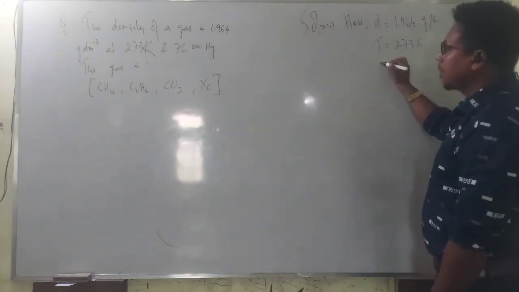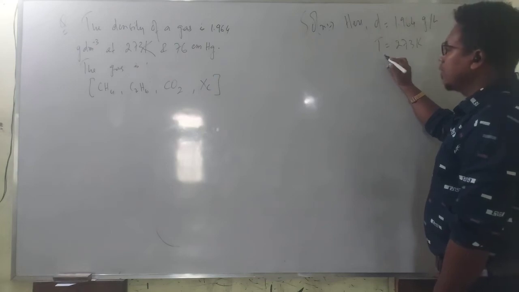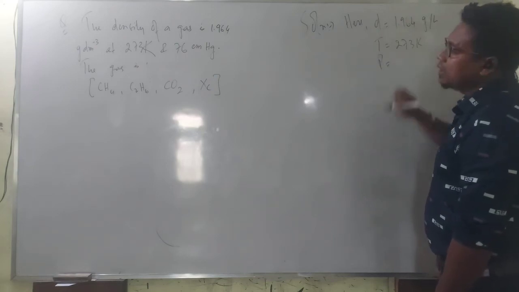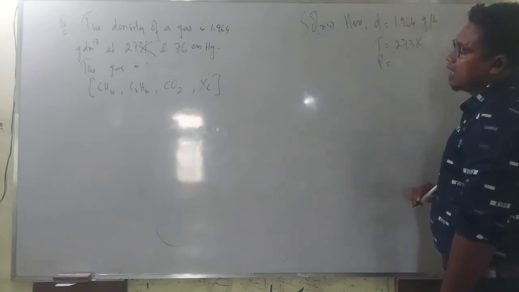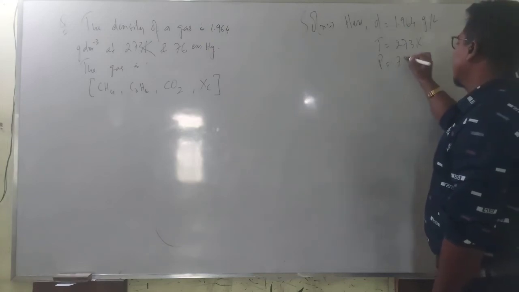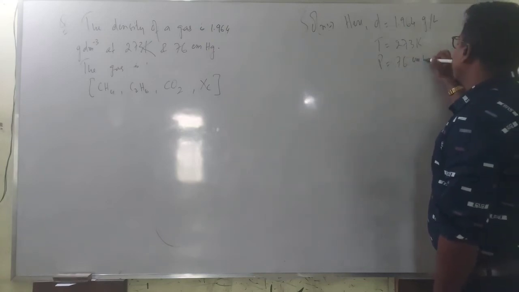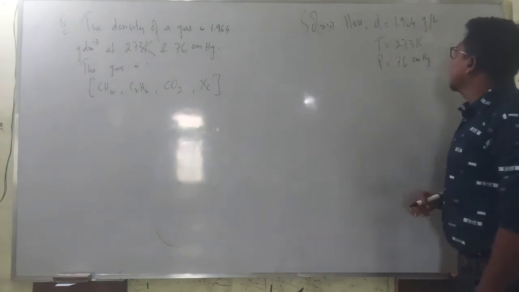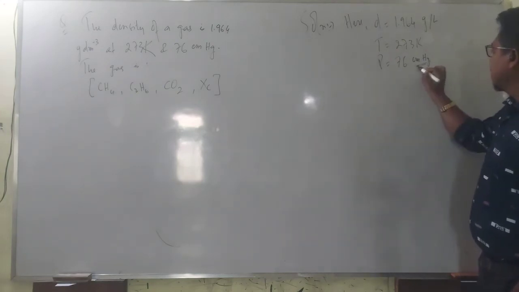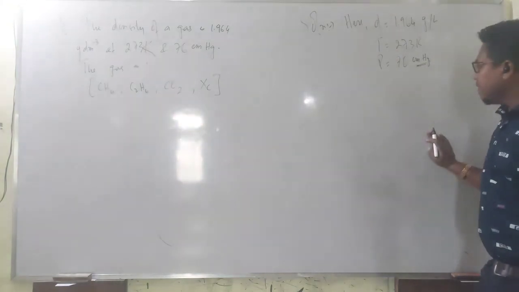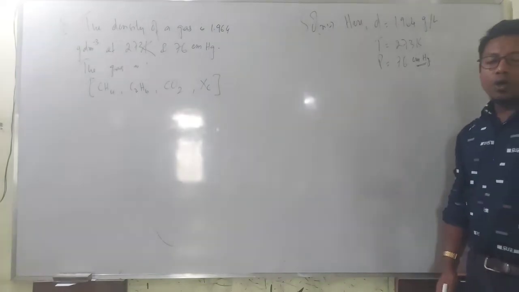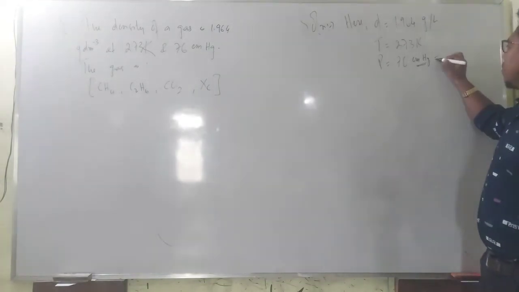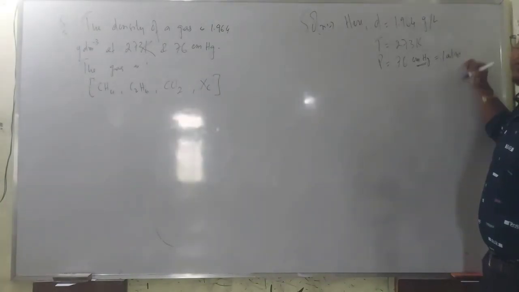And what is that? Pressure. Pressure P is, what is that? 76. Right, 76 centimeter. This is in centimeter Hg. 76 centimeter of mercury is equal to 1 atm. Remember, 1 atm.